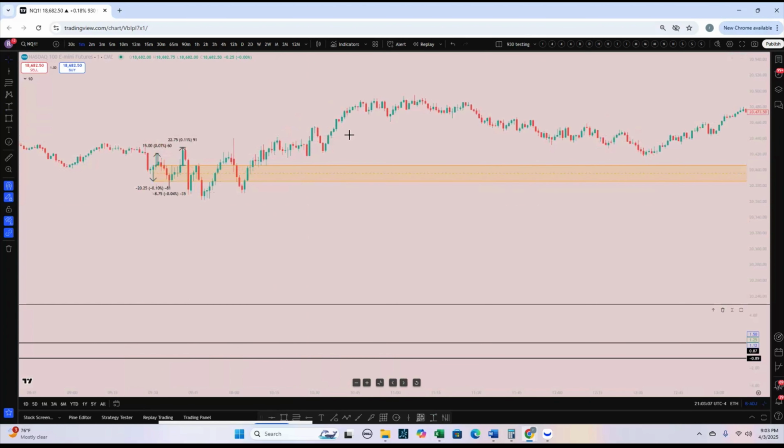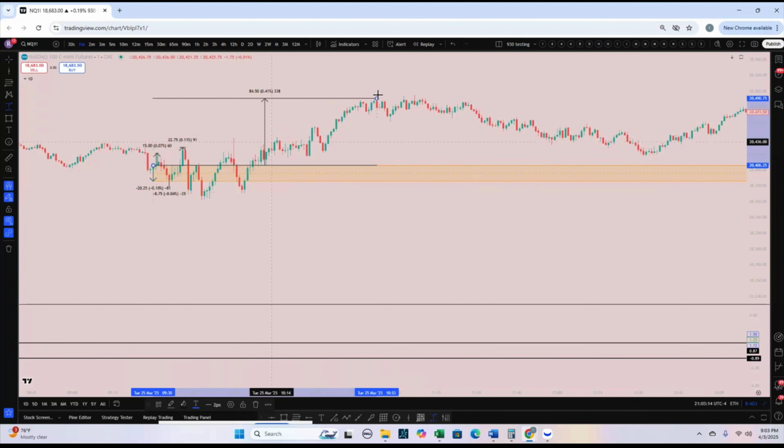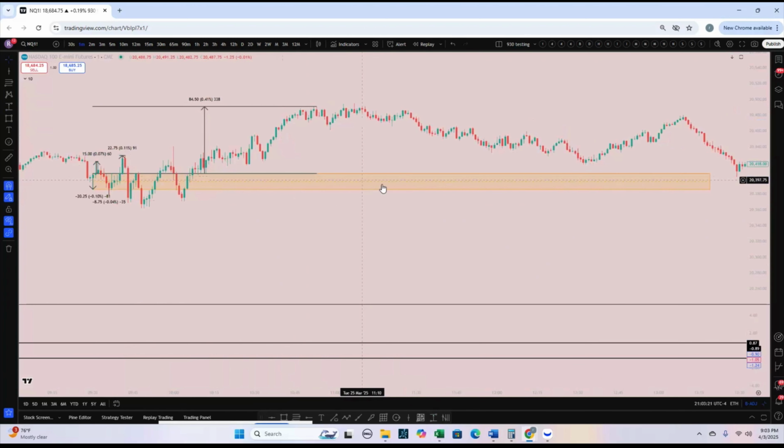So say for instance, this is 84 points, right? If you had your order, you're 84 points potentially. Well, that's almost $170 with one micro. But what if at all these pullbacks you got a mini and you took it for 10 points?